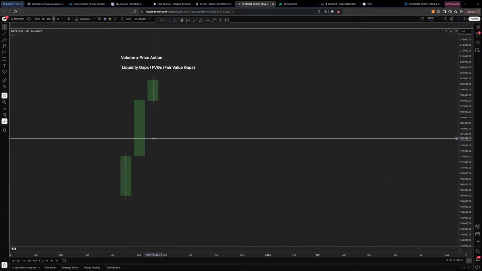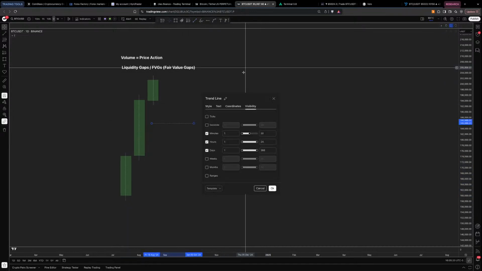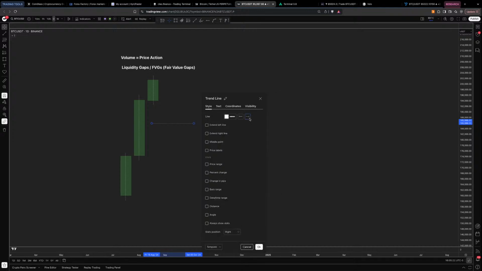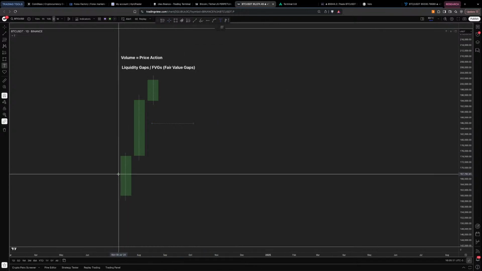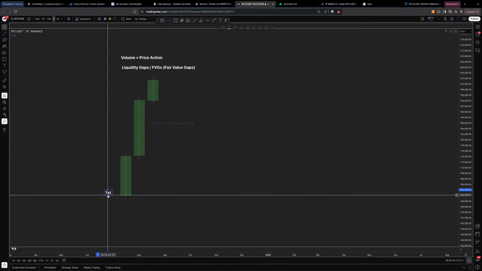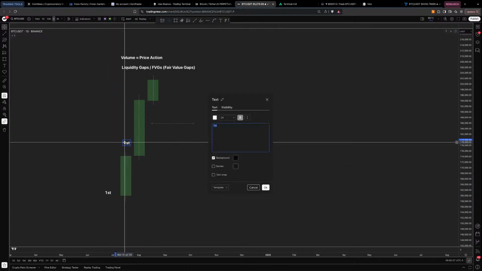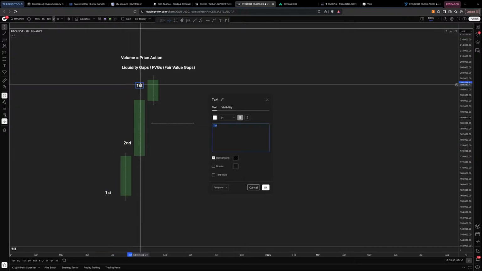All right. And as you can see, this candle over here, which is making the gap, all right, is leaving a space in between this first candle over here. Okay, this is the first candle. This is the second candle. And this is the third candle.